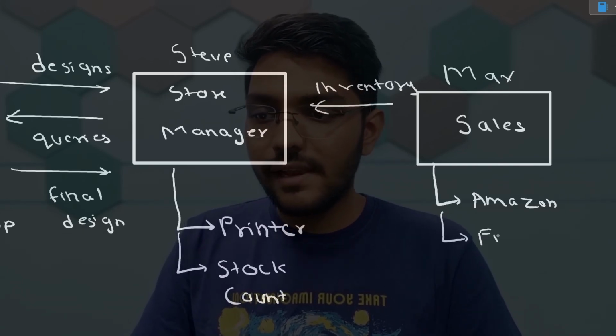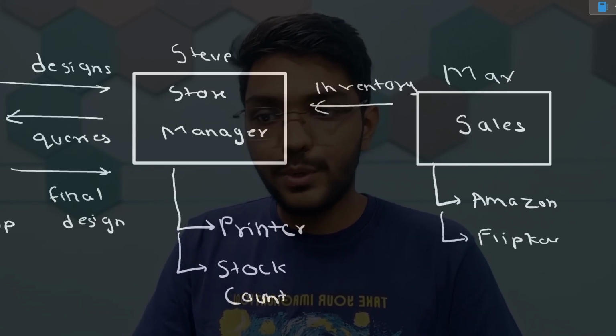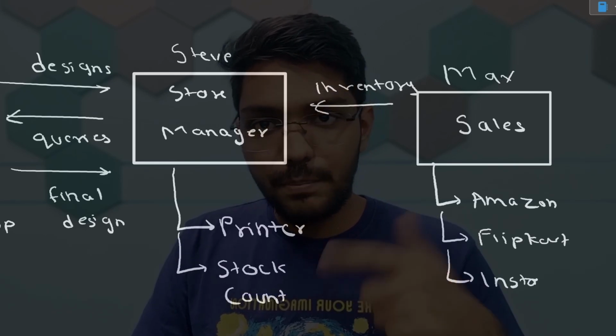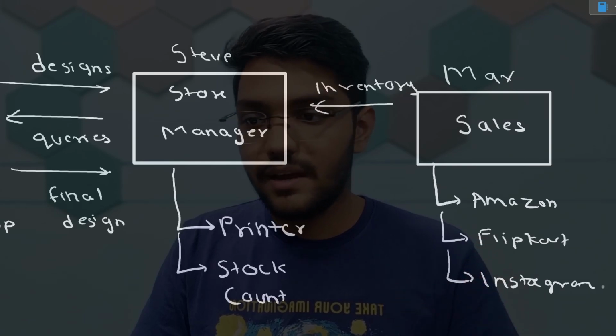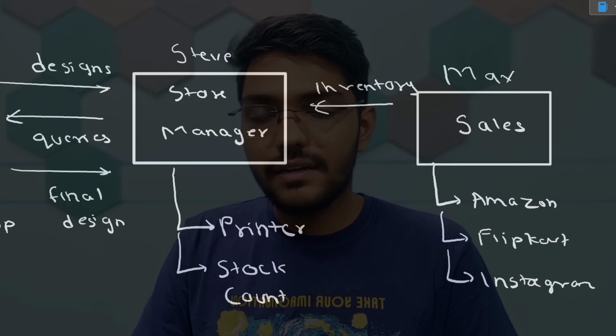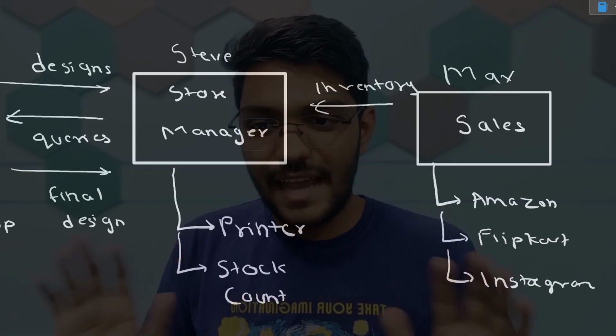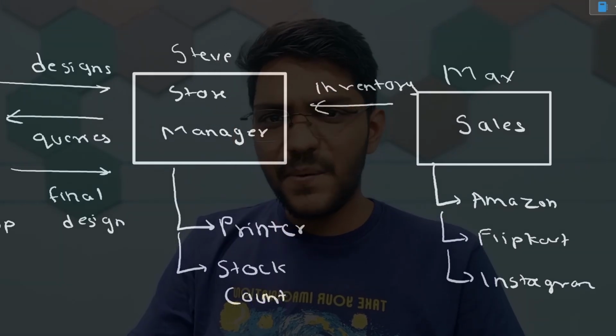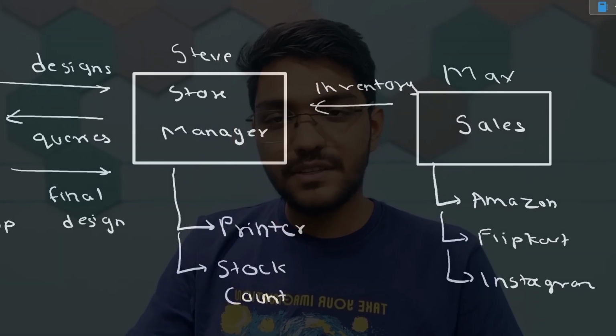We also sell our t-shirts through Instagram. For each new t-shirt, Max creates a post and then shares it on Instagram. Max also takes care of the advertising part, like he prefers email campaigns and some other types of ads as well. Now, I guess we have all the important pillars of our business.